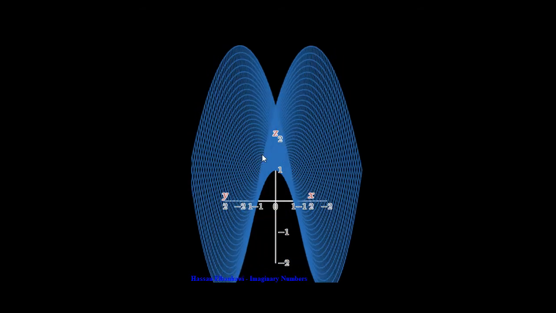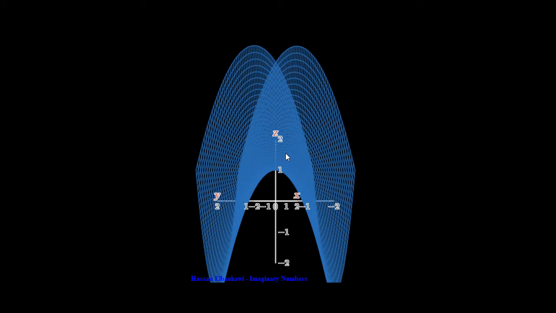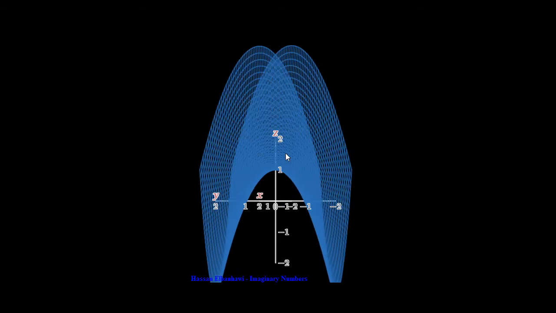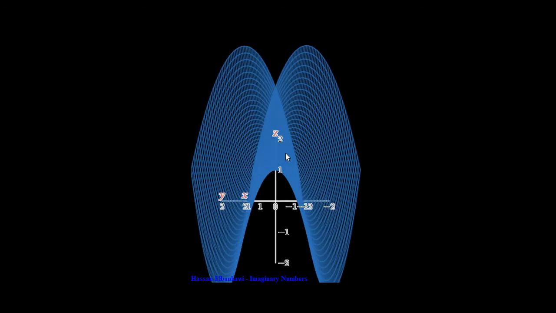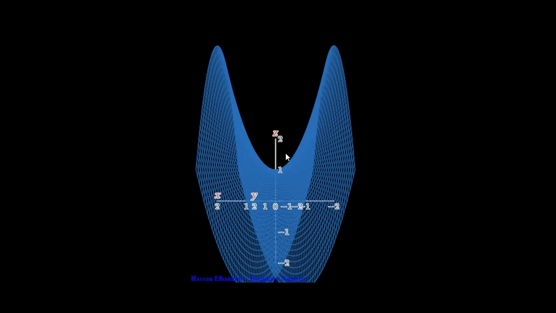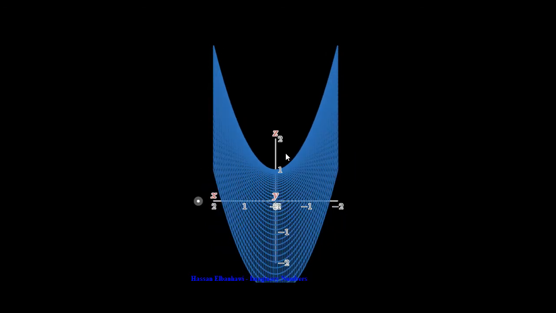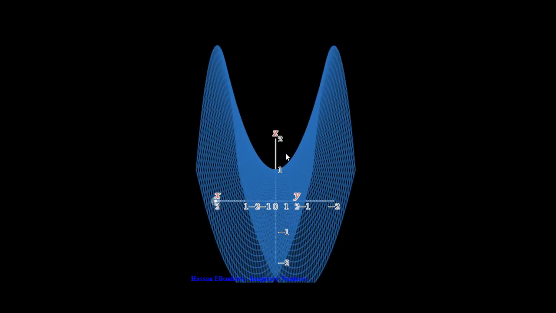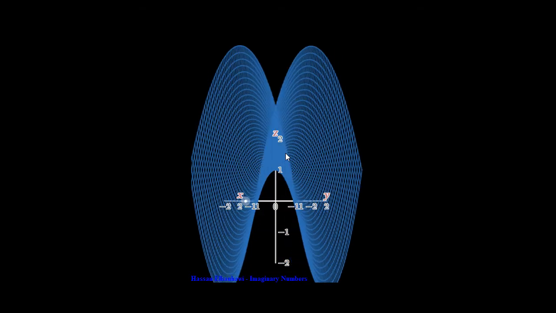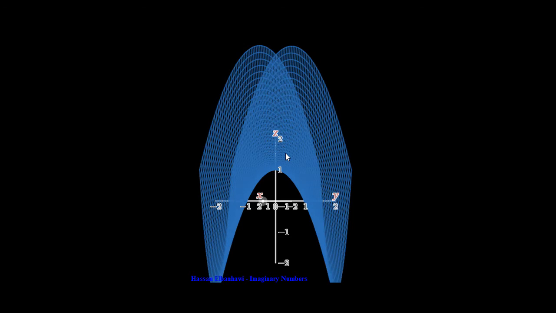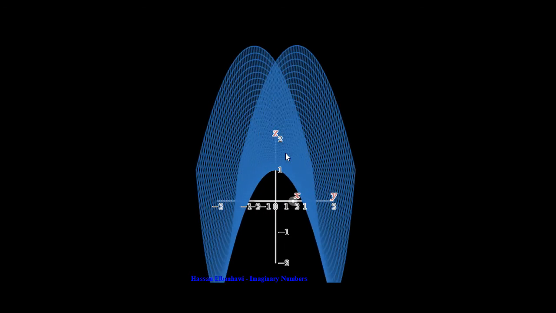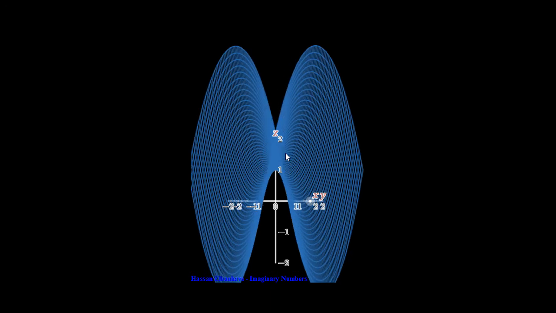This function that we see here, this is only the real part of the output, and there should be another graph representing the imaginary part, because we have two dimensions for the input, one for the real part and one for the imaginary part, and we should have two dimensions also for the output, one for the real part and one for the imaginary part.